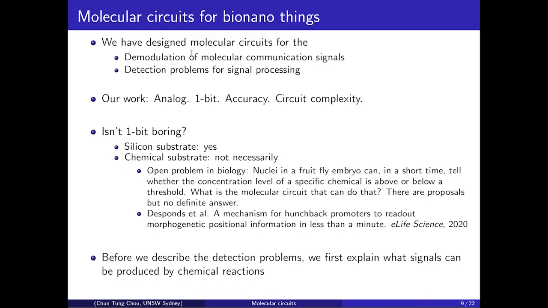Another is to solve detection problems for signal processing. In our work, we use analog circuits with 1 bit, because that will give us a low energy, low complexity design. We think about accuracy, but we also want to think about circuit complexity. So these are the focus of our work.